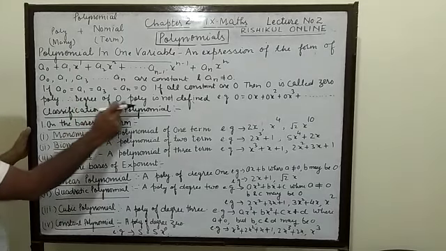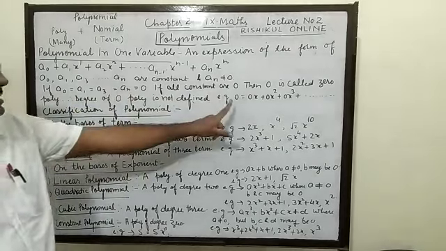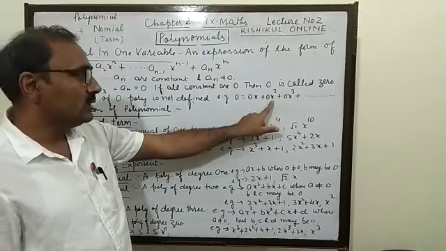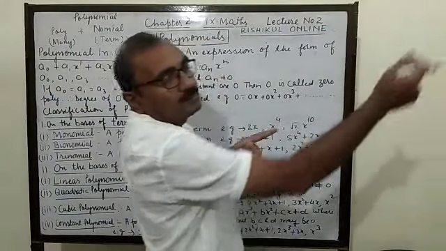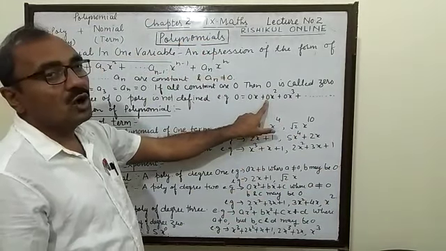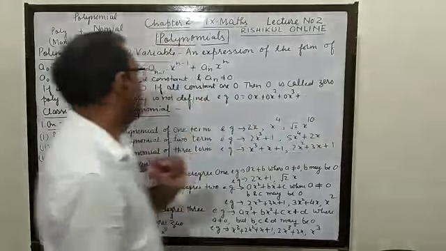And the degree of the zero polynomial is not defined. This 0 you can write as 0 into x, 0 into x square, 0 into x cube up to so on. So the degree of the zero polynomial is not defined because it never ends.